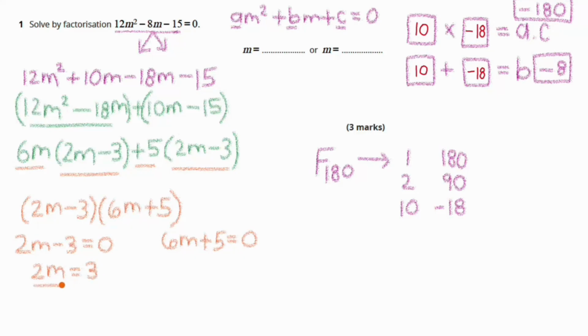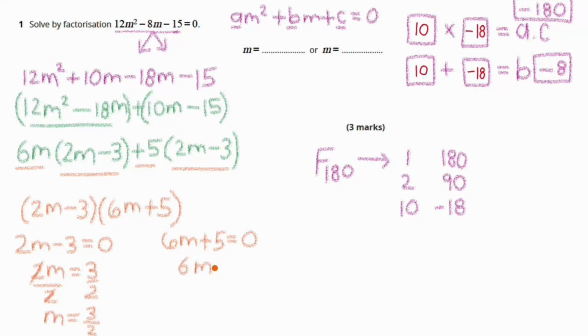Now I want to get m alone, so I divide by 2. The 2 above the line and below the line will cancel out, so I'm just left with m. Whatever I do on the one side, I have to do on the other side as well. So I have to divide this side by 2 as well, which means m is equal to 3 over 2.